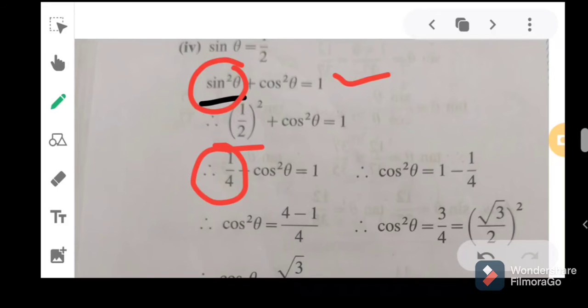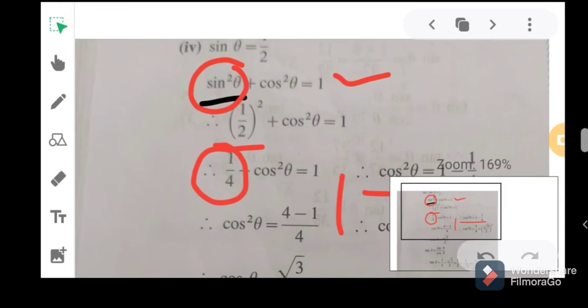So the relation becomes cos square theta equals 1 minus 1 by 4. When we simplify this, 4 minus 1 divided by 4, that is 3 upon 4. Cos square theta equals 3 upon 4.